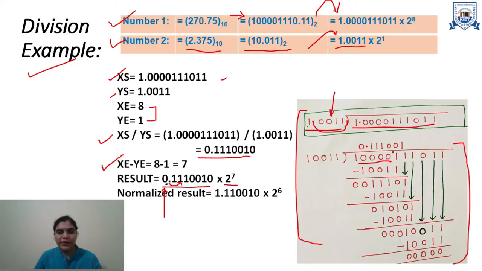And when the binary point is shifted to the right, the exponent will be decremented. So we will decrement the exponent by 1. And in this way, we can solve the floating point division example.